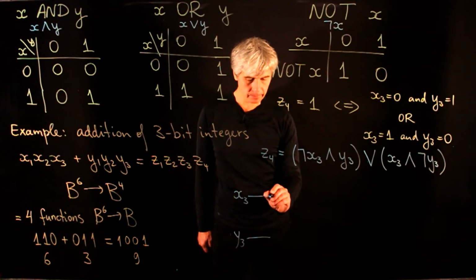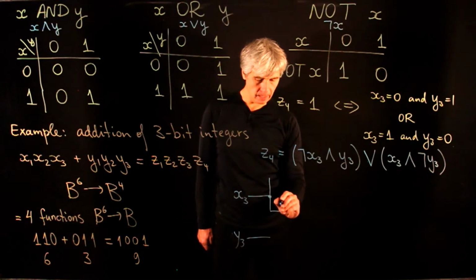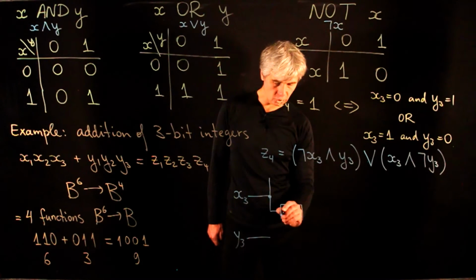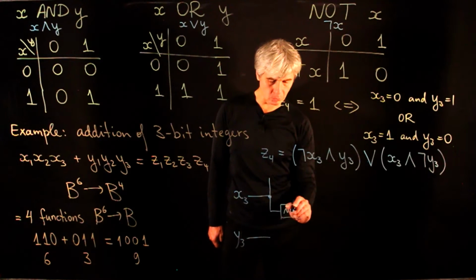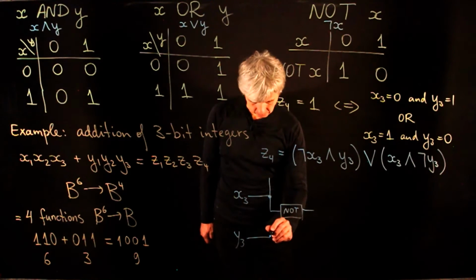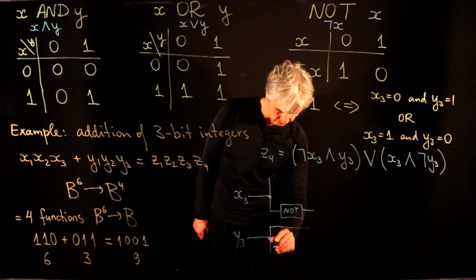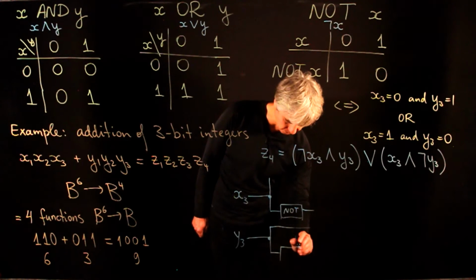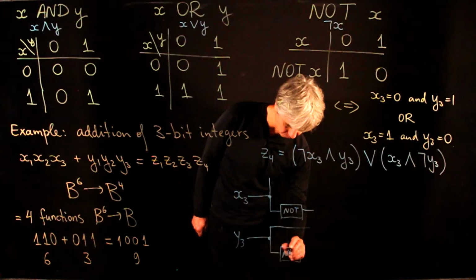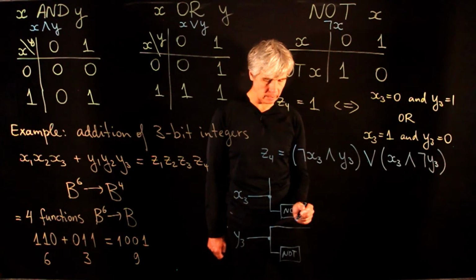So let's consider two branches, and let's put a negation here. So here we put a NOT gate. And so we also split this and put a NOT gate here. Right, so for this negation, we will need this NOT.